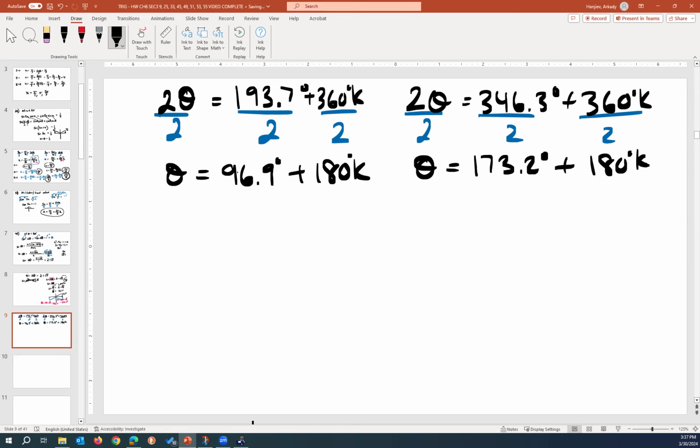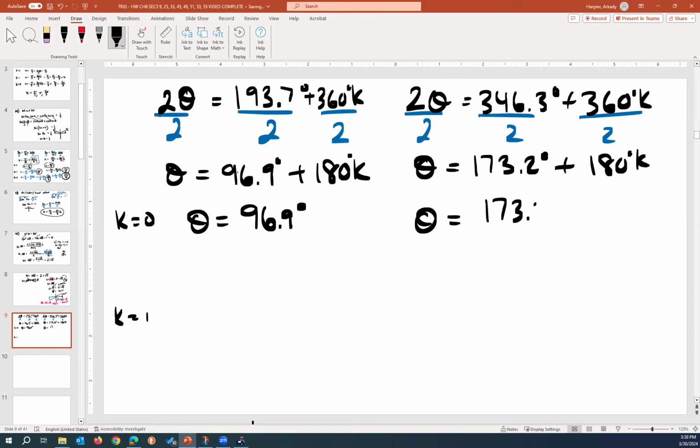Okay, so we're going from 0 to 360. We have 2 revolutions on our hands, so we also have k equal to 0 and k equal to 1. That's 1 revolution, that's 2 revolutions. So this is the easy one. One answer is that, and the back of the book could be 96.8, or 97.0, or 96.9. You could be off by just 1/10 of a place here.